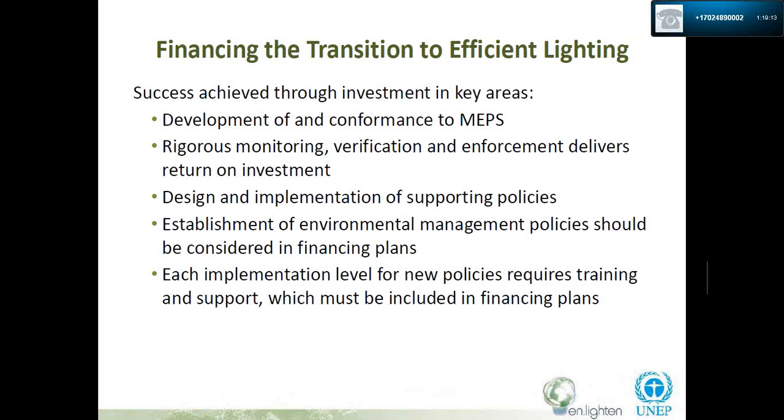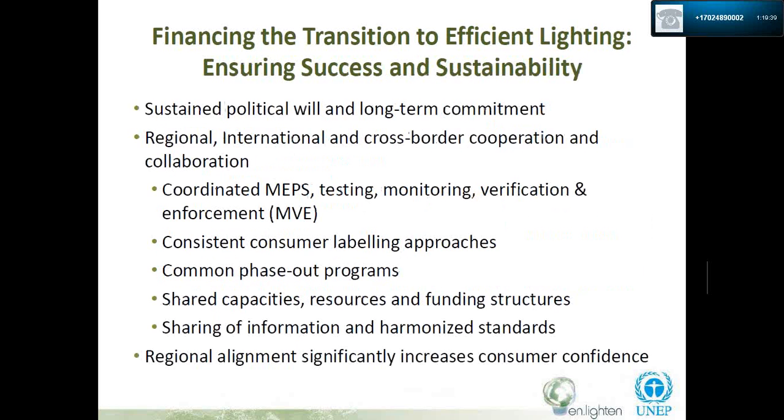There are costs to this, and so these costs need to be rolled into any financing plan and really discussed ahead of time to coordinate. And finally, each implementation level for a policy will require training and support of any officials or civil society participants, so training and support has to be built into the financing plans as well. Next slide.